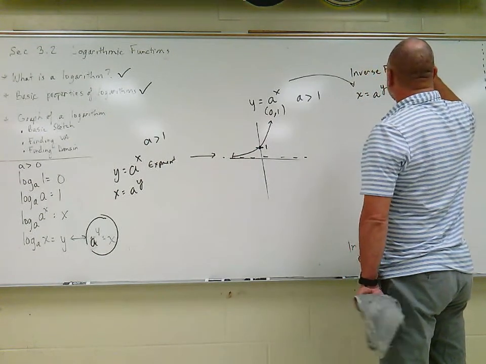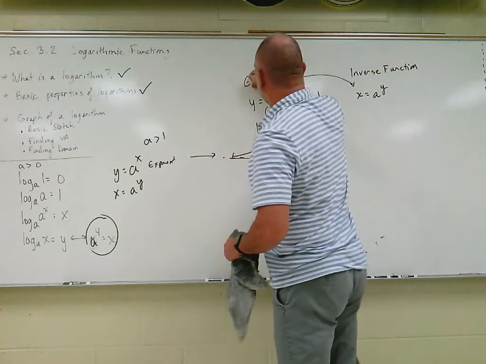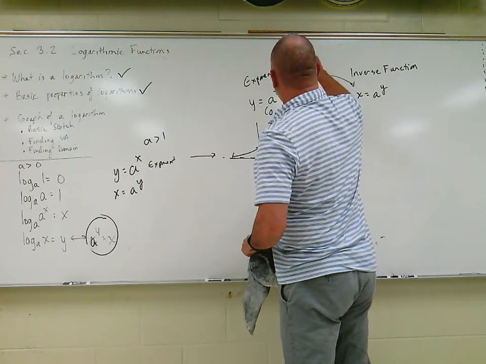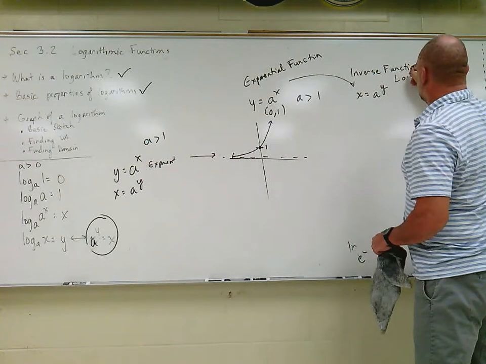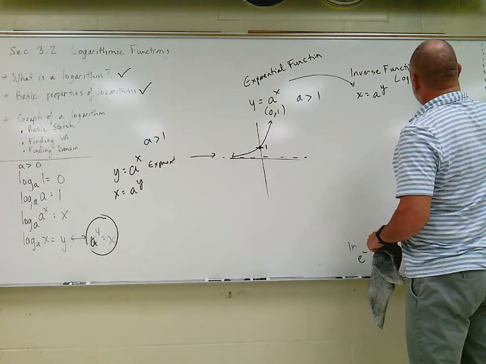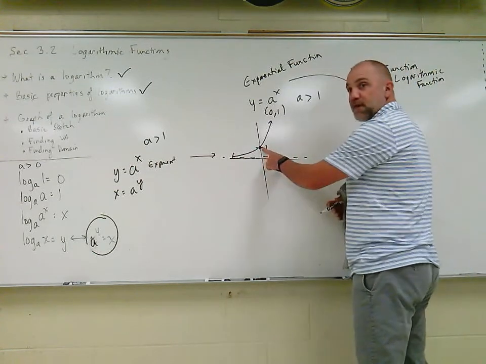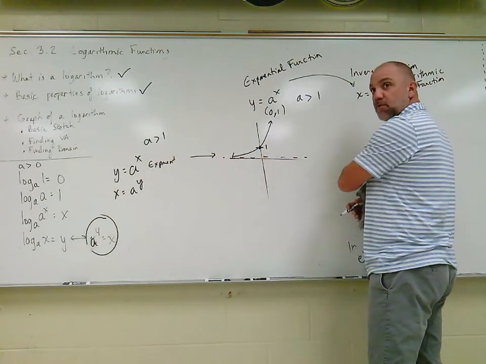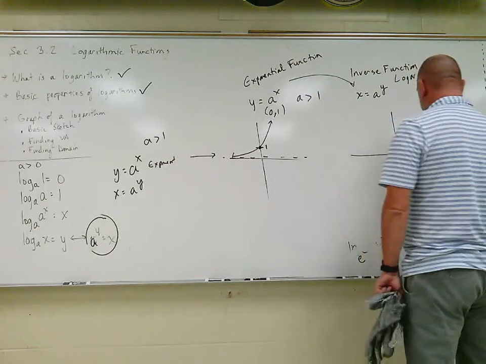So this is your exponential function that we've already studied, and a logarithmic function is the inverse. So that means if this graph has the point (0, 1), what point does this graph have to have? (1, 0), that's right.